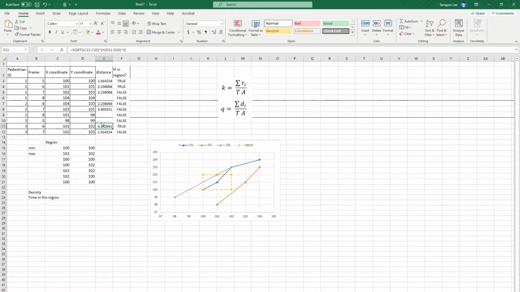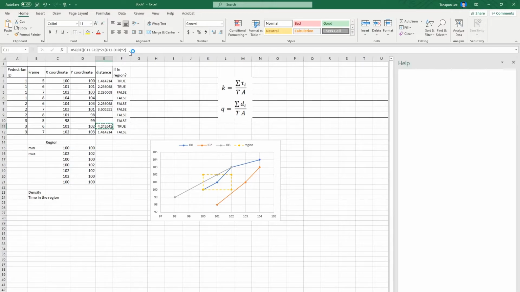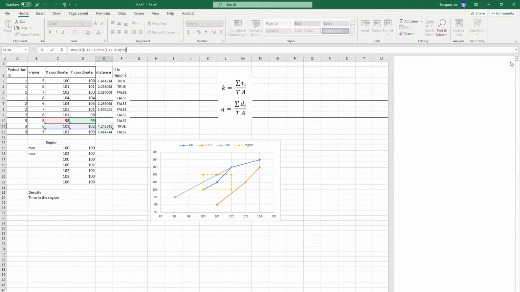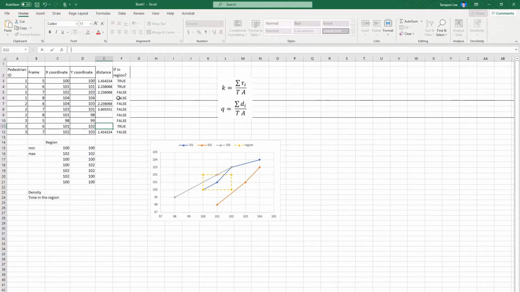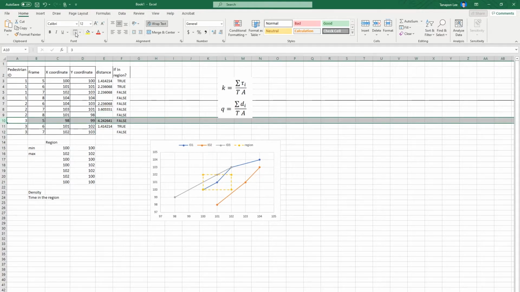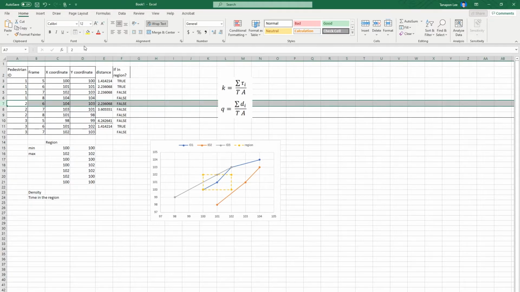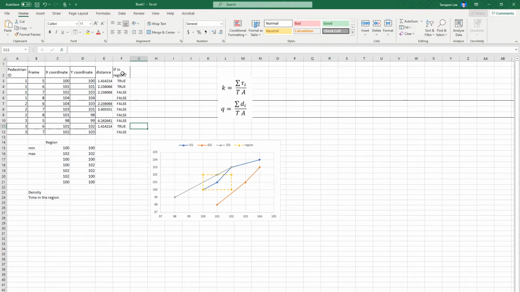That's when he stopped. Yeah, I think that makes more sense. So we're just going to do this, and we have this check if they are in the regions.